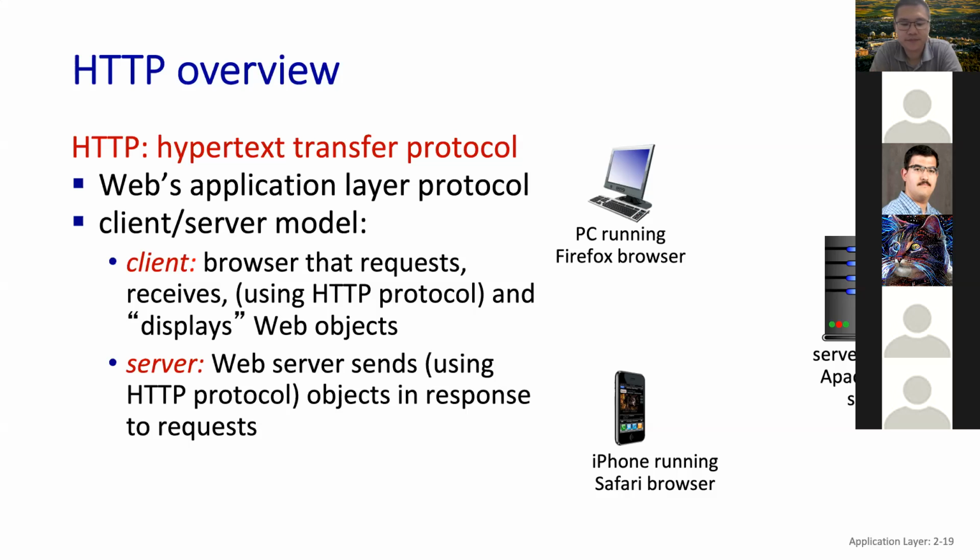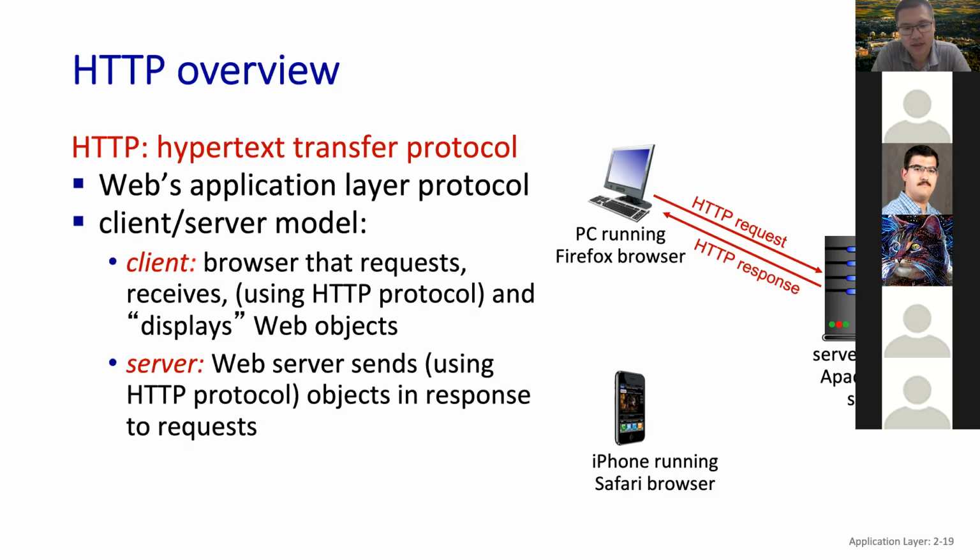So that's a quick demo here. The PC running the Firefox browser sends an HTTP request to the server running the Apache web server. You have to install a web server. If you quickly Google search web server software, you can identify a lot of web server software. Different web server software provides different capabilities. Let's say here is the open source Apache web server.